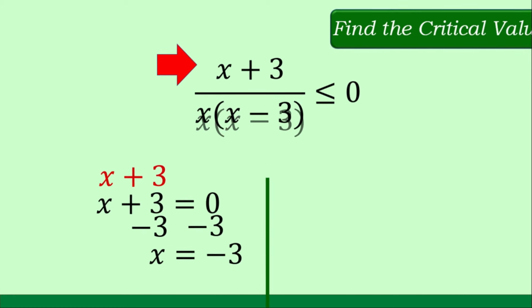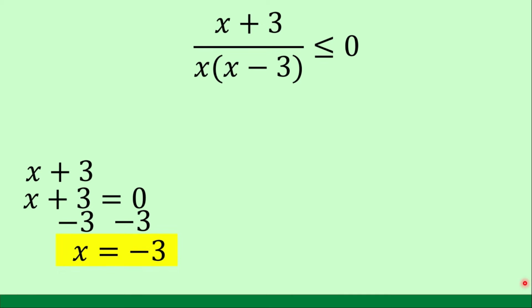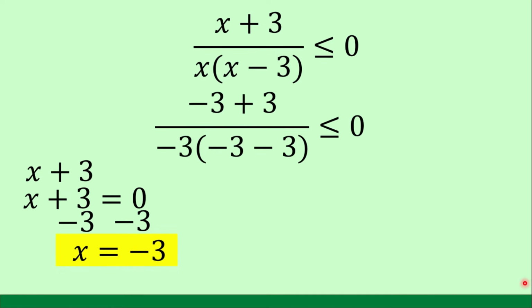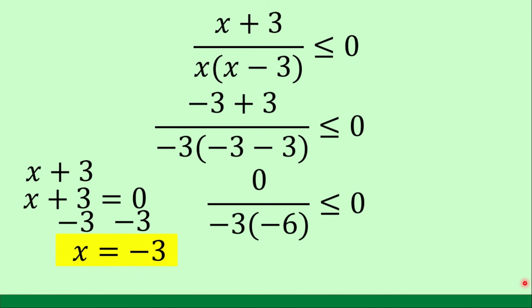Let's use that value and substitute that in our given rational inequality. It will show this one, which will give us this. A 0 divided by any number will always give you a 0. So this will be 0 less than or equal to 0. Now this time, let's focus on our answer. Is this a true statement?